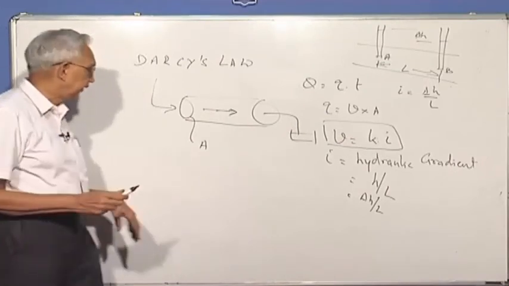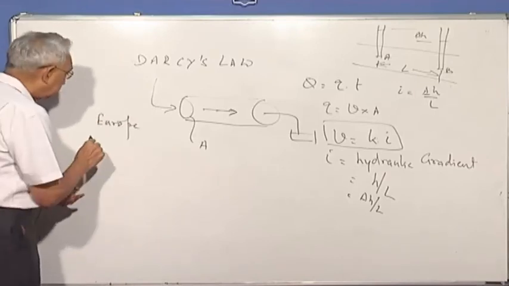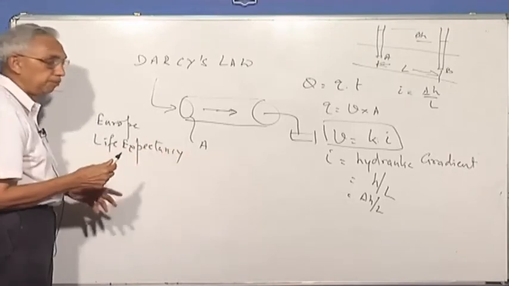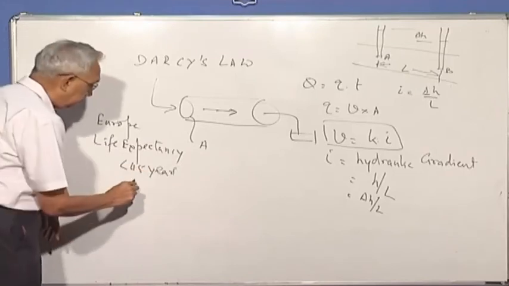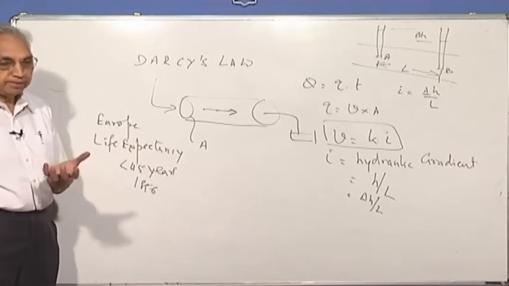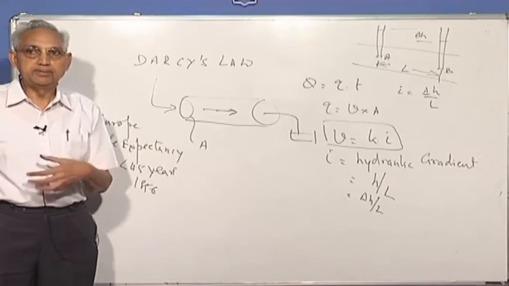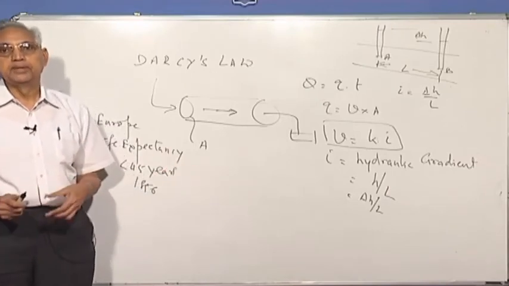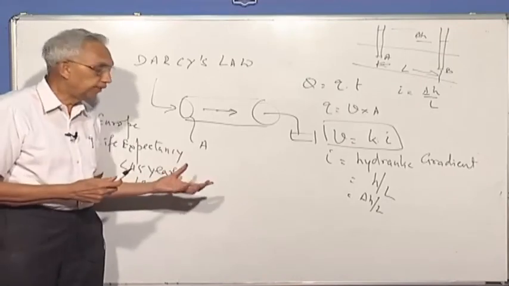You'll be surprised to know in Europe, the life expectancy, the average life people were living, was less than 45 years up to 1856, because they never had the concept of filtration, good water, etc. So when they were drinking water, they were getting so many problems with respect to their alimentary canal, intestine, stomach, and they were dying.